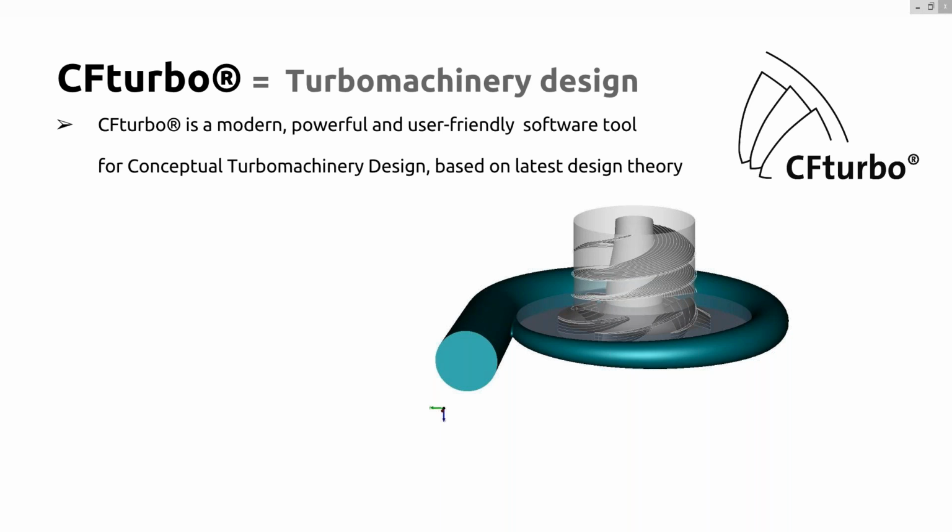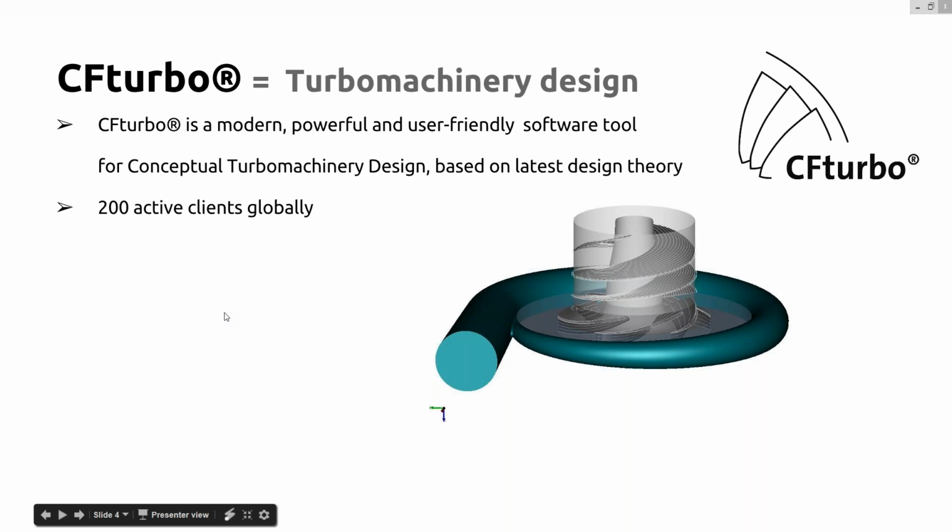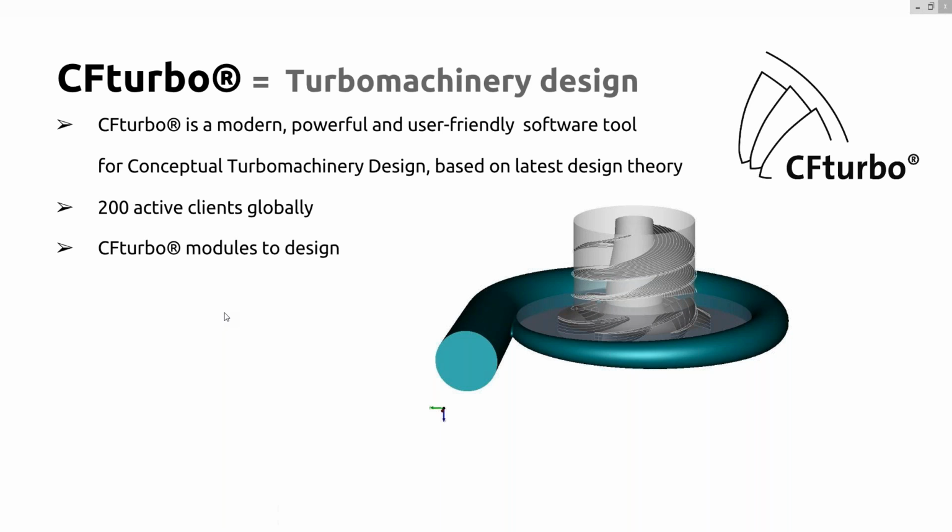We call it conceptual design software because it's not based on geometric input data but on operation input data, and it's therefore based on latest design theory. Right now we have more than 200 active clients globally.